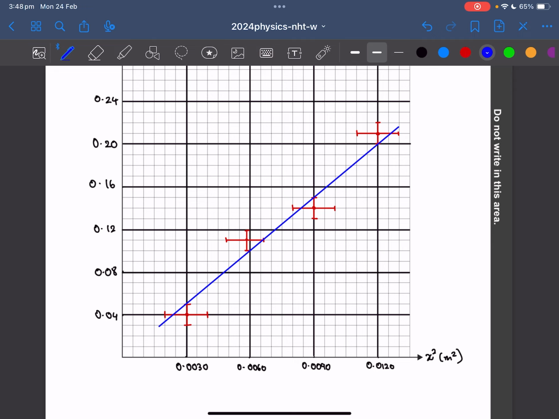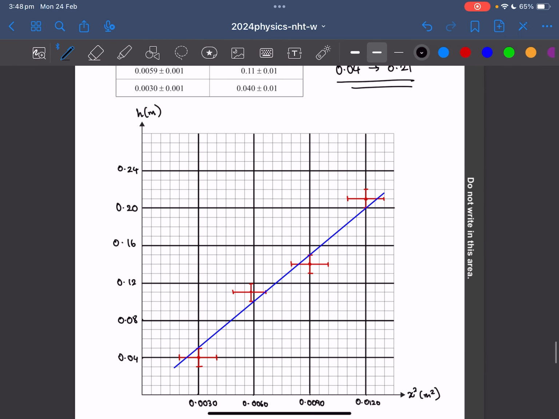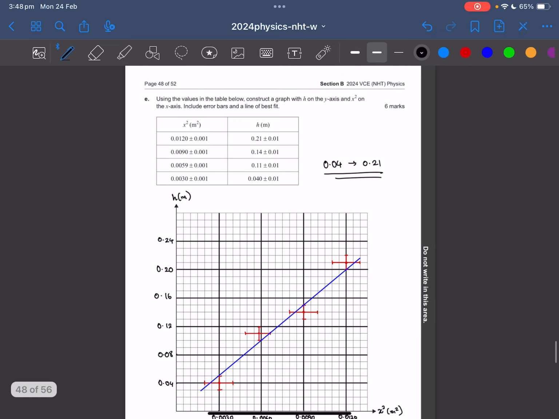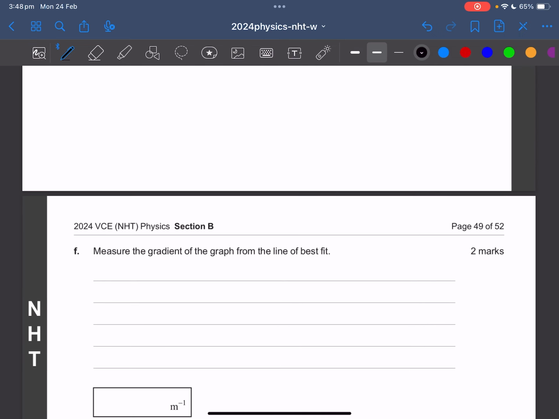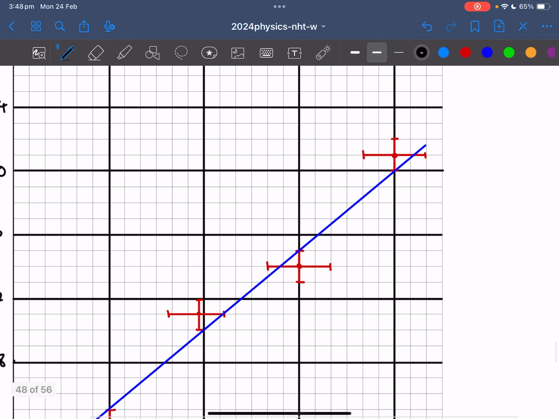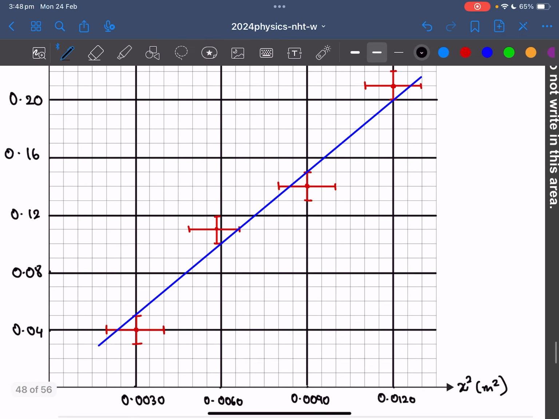That will be my line of best fit. Okay, yeah, so that's that for this graph question over here. Anything else? No. Okay, cool. Measure the gradient of the graph from the line of best fit. Okay, so now we have to take up 2 coordinates and get the results that way.